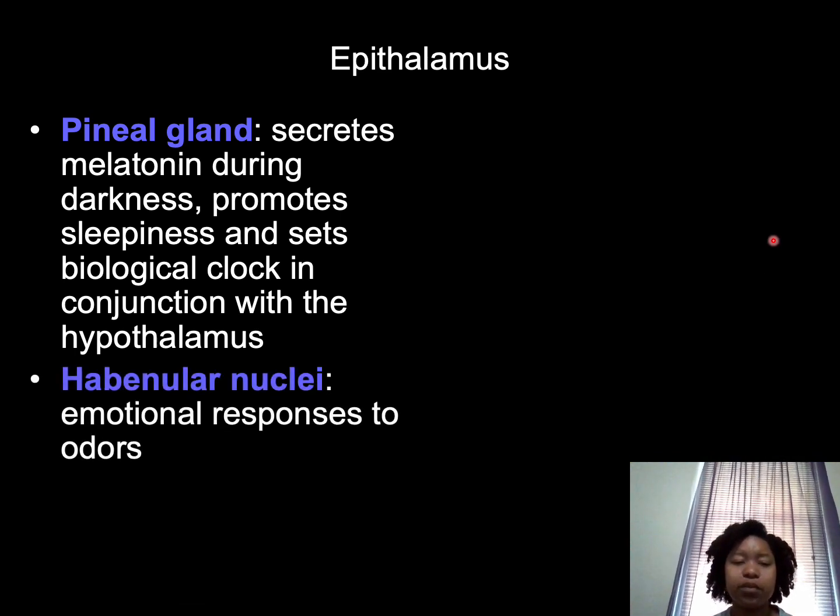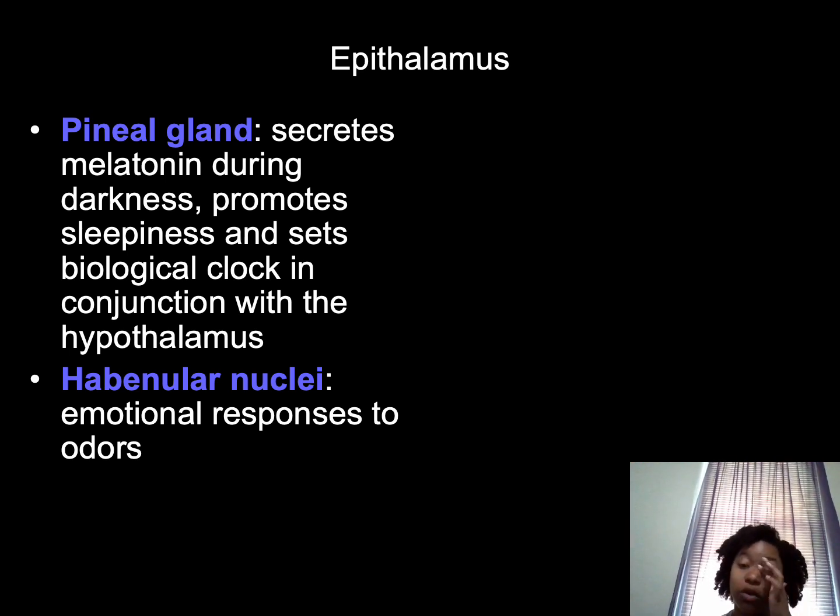And then there's the habenular nuclei, that allows for emotional responses to odors. So if you smell something really gross, you almost get angry about it or disgusted, it's like, ew, and so that's that emotional response to an odor, as well as some people smell warm cookies, and get happy or feel at peace or whatever.